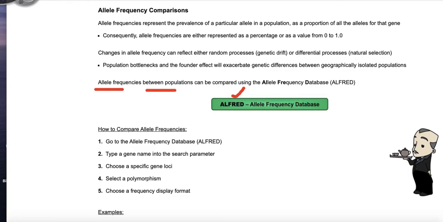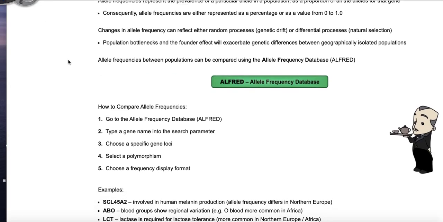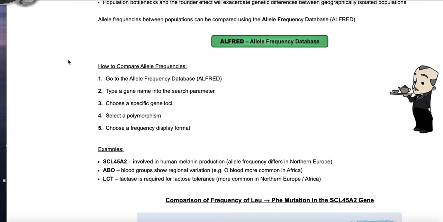So here they give you a couple of examples that you can look at using the ALFRED database. And they give you 3 examples. So they give you the human melanin production gene, they give you the ABO blood type gene, and they give you the lactase gene for making lactose. Lactase for tolerating lactose, sorry.